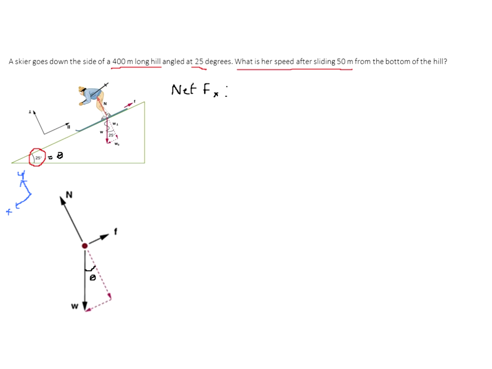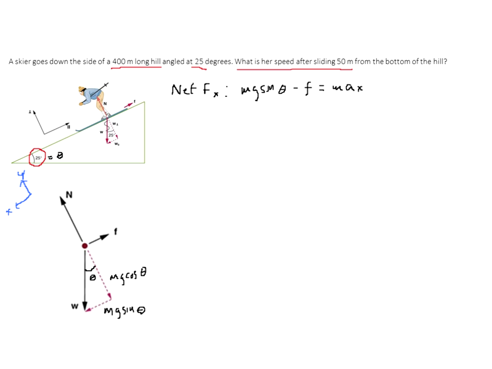This component, the opposite one, is going to be mg sine theta, and this is mg cosine theta. All right, so we've got mg sine theta minus f equals m a sub x.